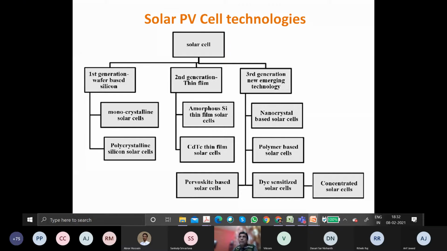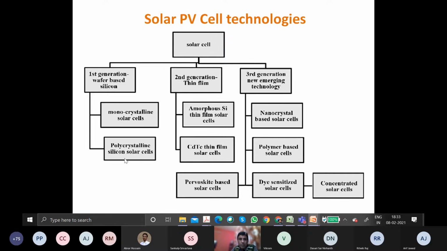The major advantage, or merit, of the third generation technology is that it is made up of organic material. So it is expected that the environmental impurities are not too high. But the major problem with those is that the life is not as good as we have with the silicon based or thin film based solar cells.